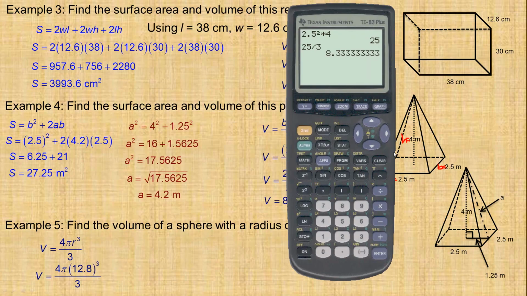In the numerator on top, it's 4 times pi times 12.8 cubed. That's what's going to be in the numerator, and then we're going to divide it by 3. So that would be the final answer.